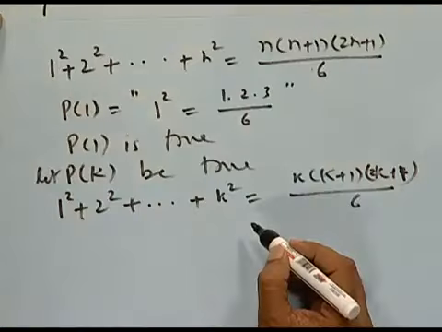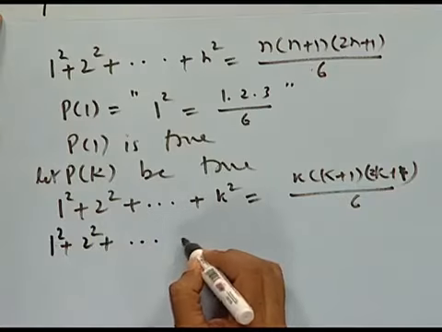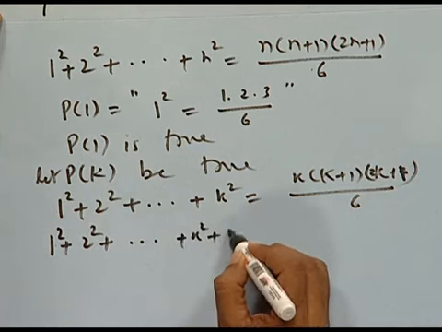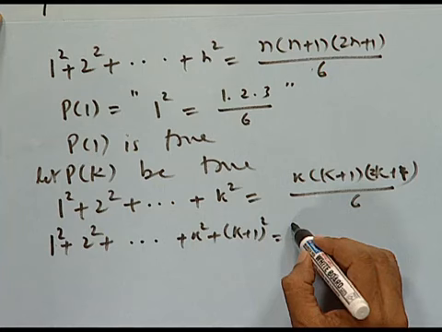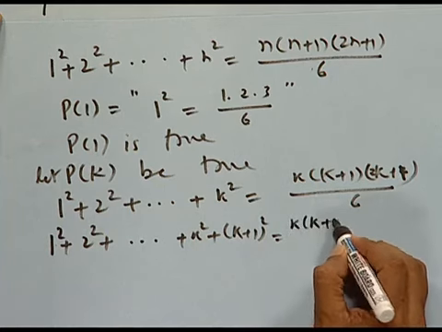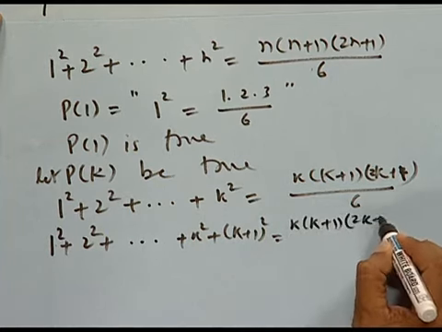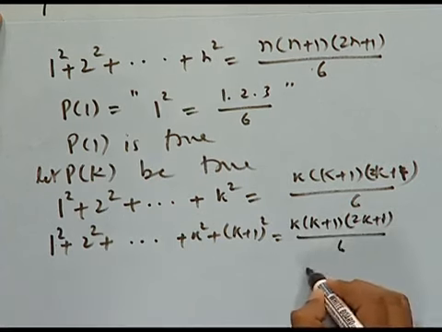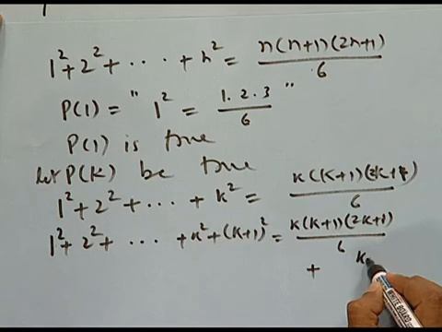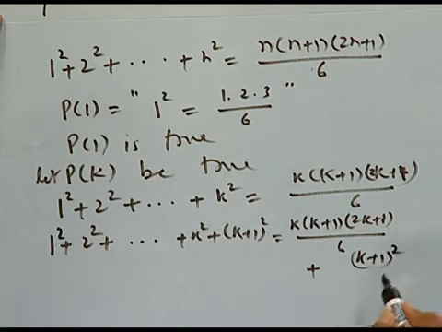Again, to go for P(k+1), we add one more term. So, we get 1² + 2² and so on up to k² + (k+1)². This makes k(k+1)(2k+1)/6 + (k+1)².